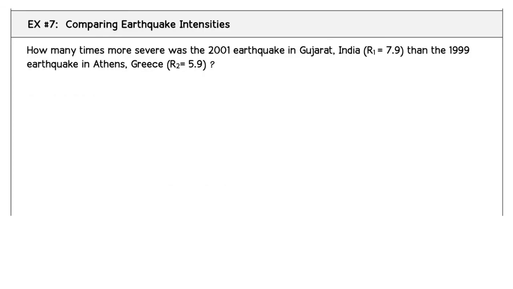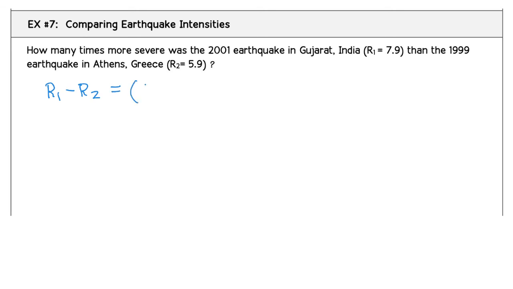Okay, example 7. How many times more severe was the 2001 earthquake in India than the 1999 earthquake in Greece? And it gave us our 2 Richter scale readings. And so we're going to say R1 minus R2. And so we're going to look at our 2 logarithms. So I'm going to look at our formulas.